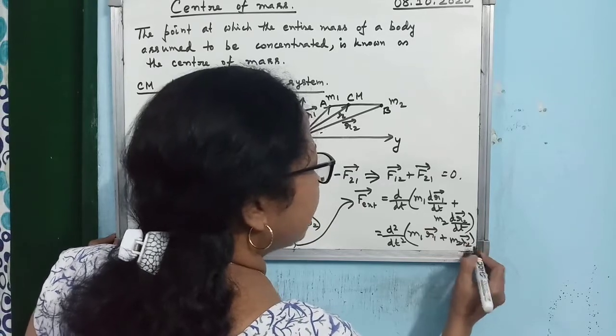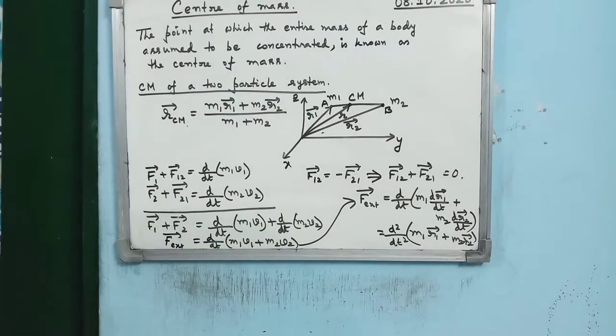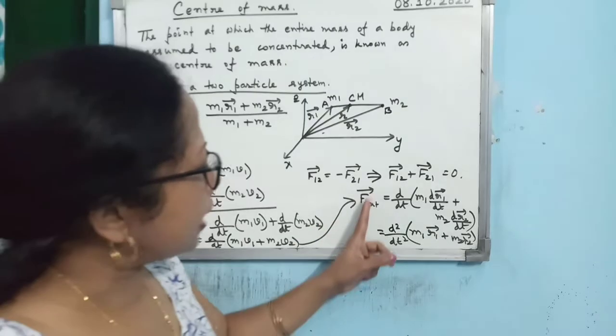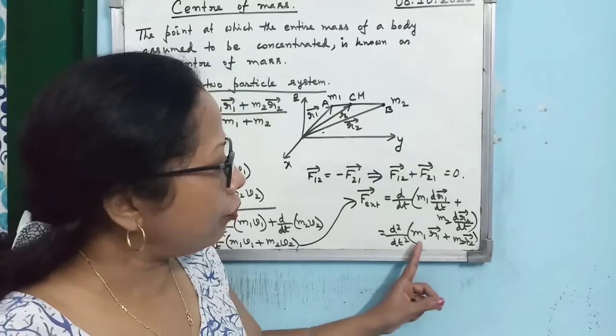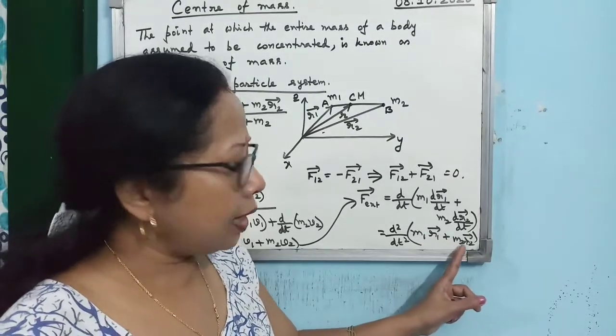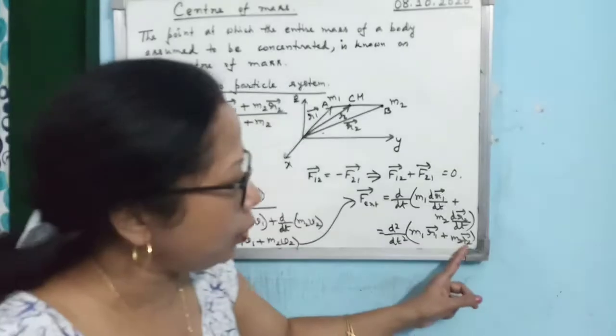This is the mathematical formula only we are writing. So you have got external force equal to d2/dt square, the double derivative of m1 r1 plus m2 into r2.